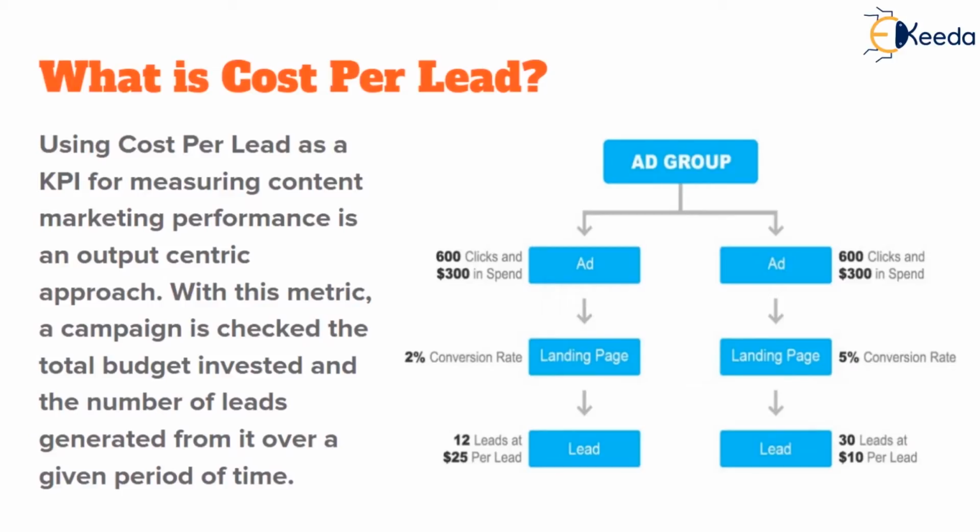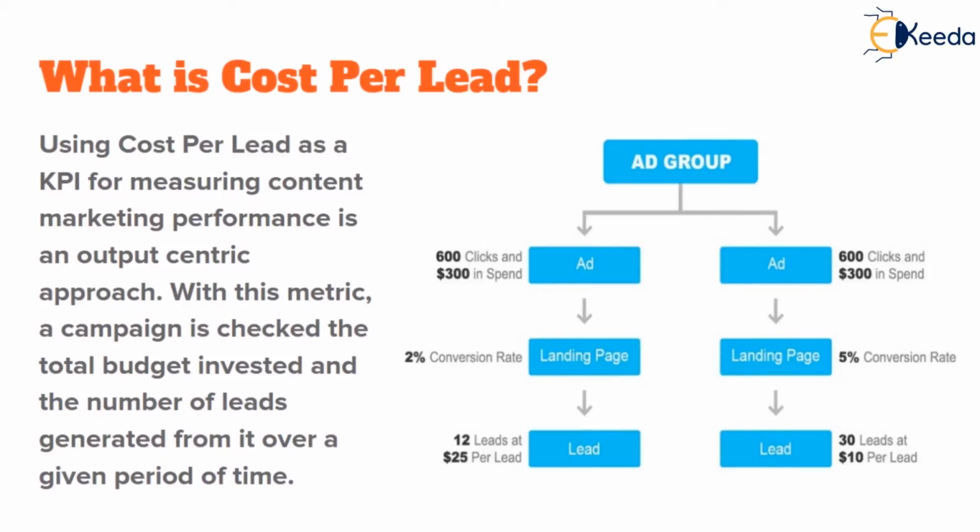Quite successful. Out of these 600 clicks, you are able to achieve a 2% conversion on the landing page, which means when a customer arrives on the landing page, there is a call to action, which could be registration, subscription, or a download, in lieu of the contact information.